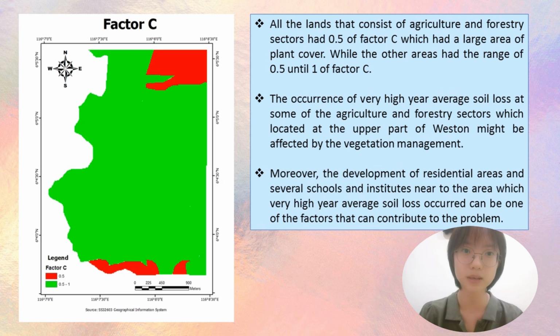Moreover, the development of residential areas at several schools and institutes near the area where very high yearly average soil loss occurred can be one of the factors contributing to the problem.